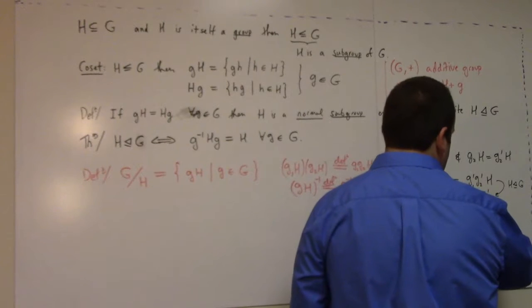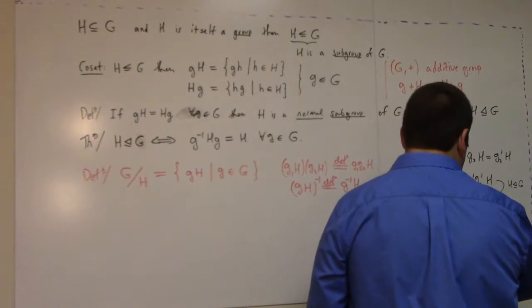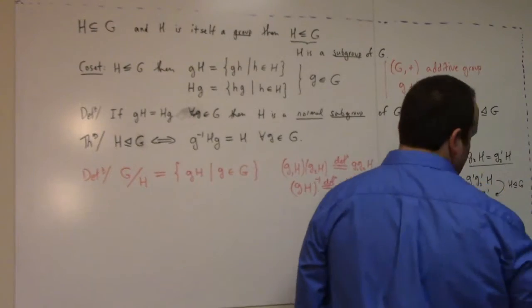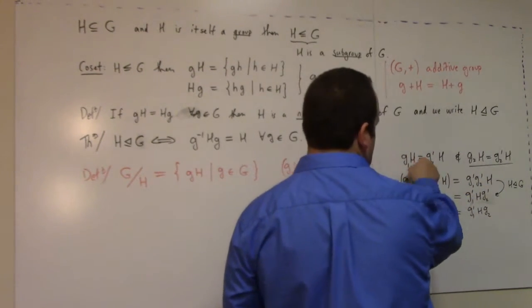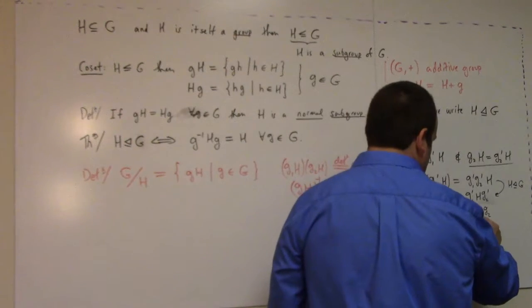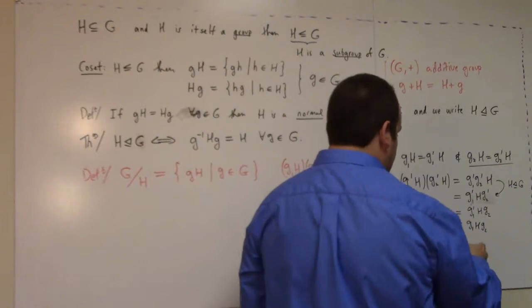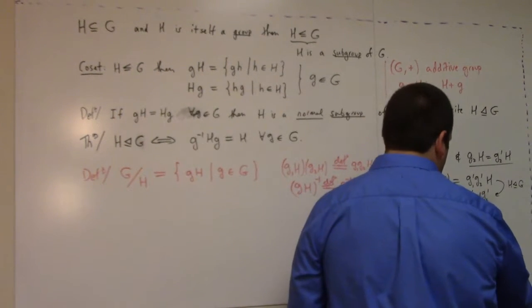Pick your poison, which one you want to do. So that's g1'H g2, and g1'H is also equal to g1H g2, and then use the normality again to flip that one.